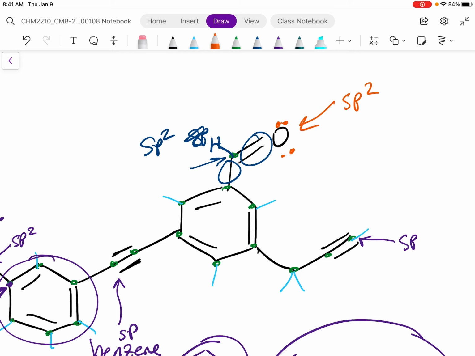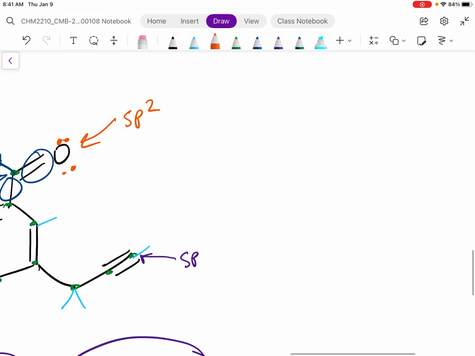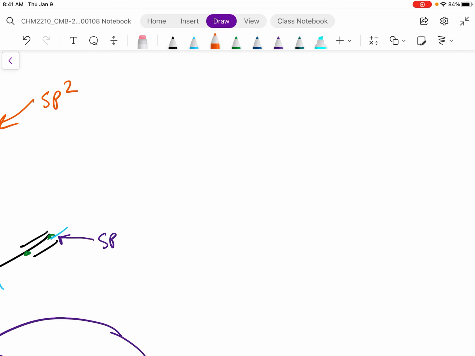Okay, so another thing that you need to be aware of is you have to pay attention to the verbiage of what the question is asking. For example, what have we been doing this whole time? How many carbons? How many hydrogens? And I could give you a problem that looks like this. Let's say problem 1 says, how many carbons are there?